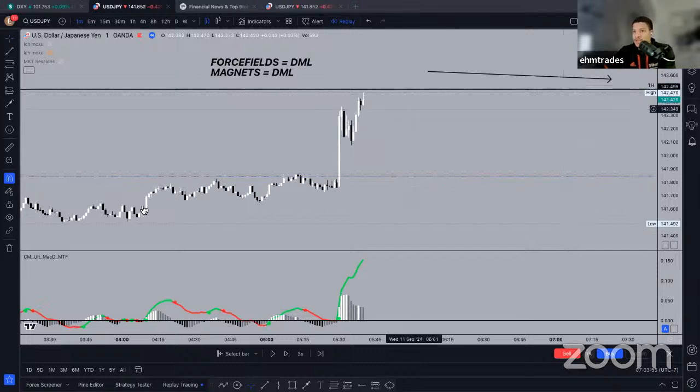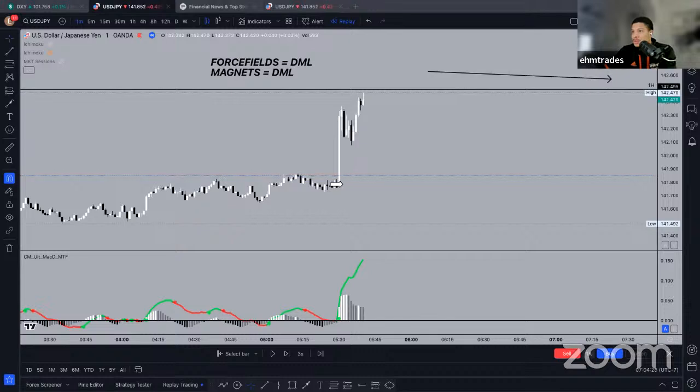And so when price was down here, right? When price was down over here, this decision making level was acting as what? A magnet, right? This decision making level was acting as a magnet down here as price continued upwards, right?